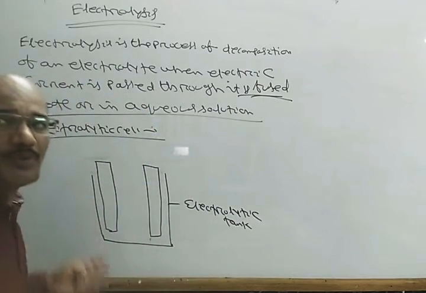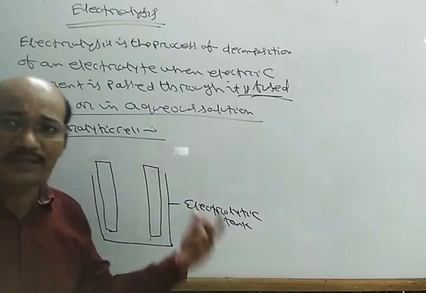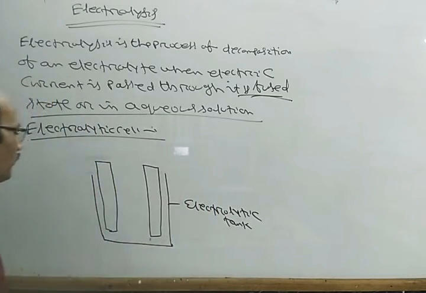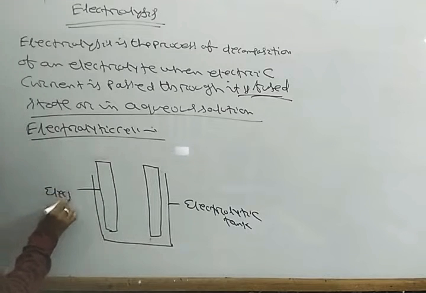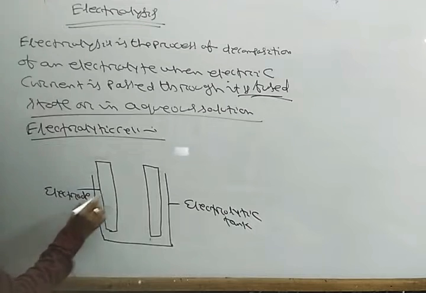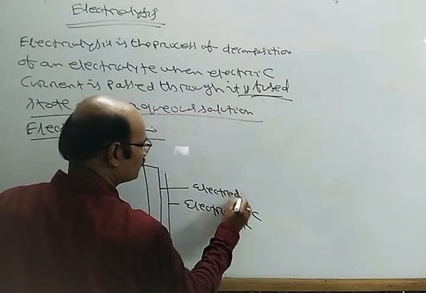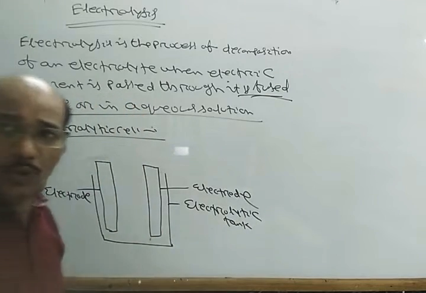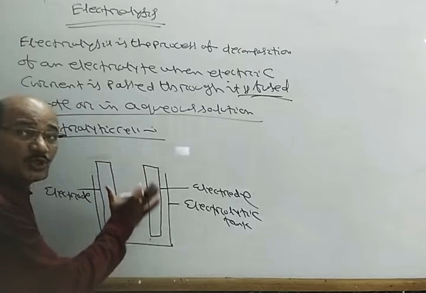Okay, copper, silver, gold, aluminum, platinum, palladium, any of these we can take as the electrodes. They are called electrodes. This is also an electrode. Now these electrodes are connected to a battery.